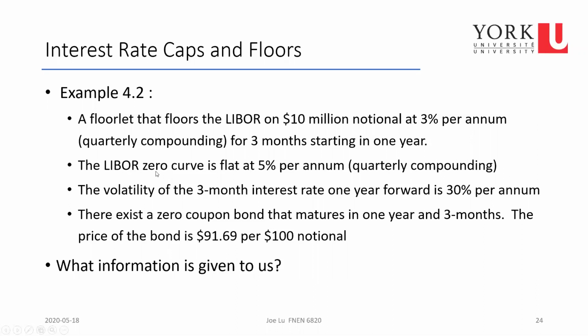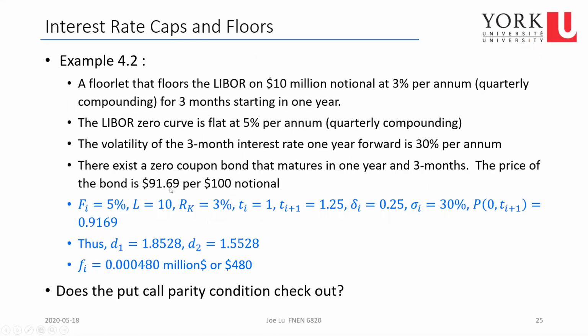The floating rate curve, the zero curve, is flat at 5%, meaning that all the future rates are 5%. So the current Fi is at 5%. The volatility is 30% and the same discount factor.